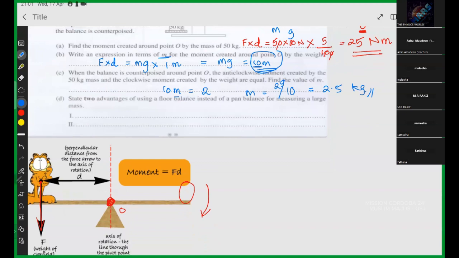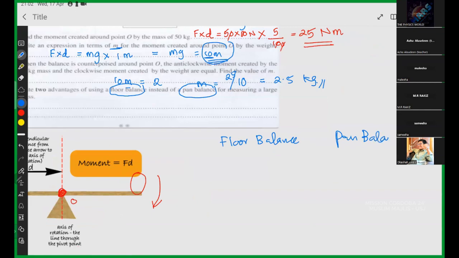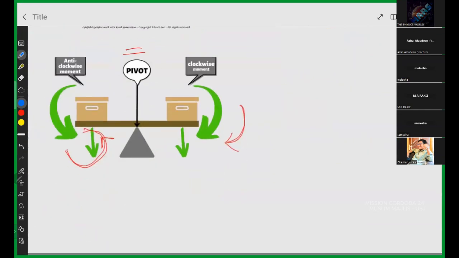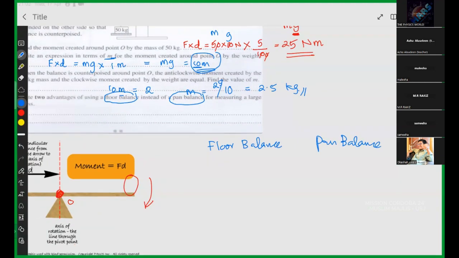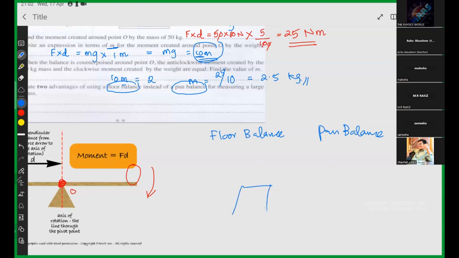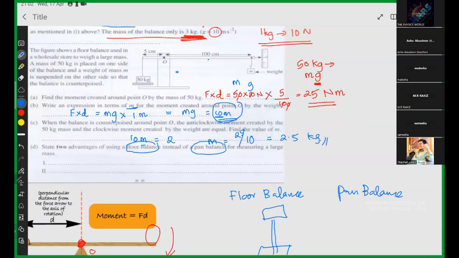So next, they're asking you the difference: why a floor balance is more advantageous when comparing it with a pan balance. A floor balance, you might have seen in big supermarkets, where the pan is at the bottom and you have a digital scale at the top.